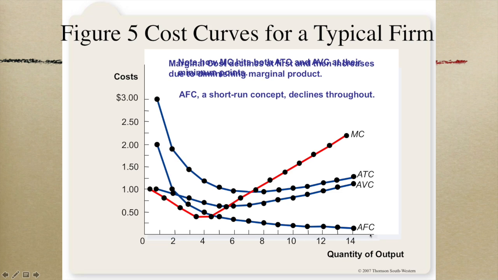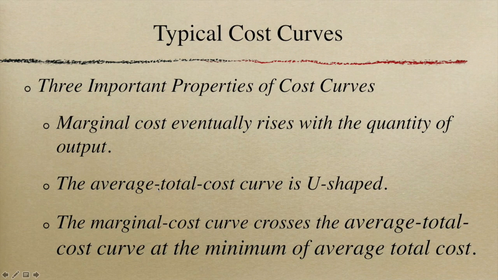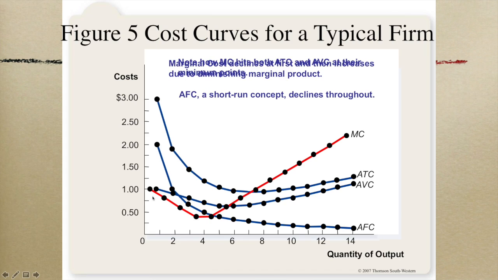Now, the key to drawing the average variable cost, it's also a horseshoe. It starts out really far from the total cost curve. However, as average fixed costs decrease and get closer and closer to zero, but average fixed costs will never intersect zero, average variable costs make up an increasing portion of the total cost of production. So these two curves have to get closer together. The average variable and average total costs have to get closer together.